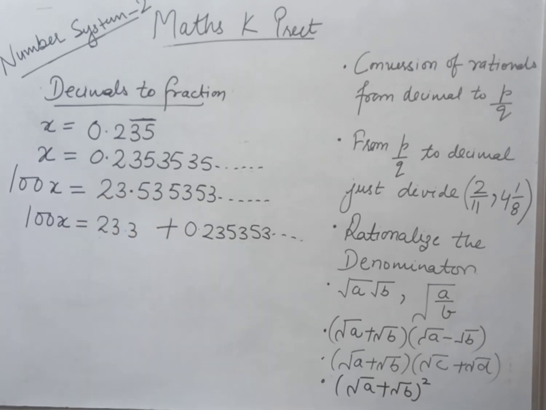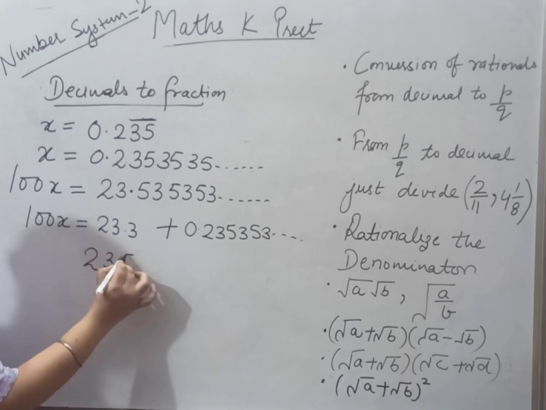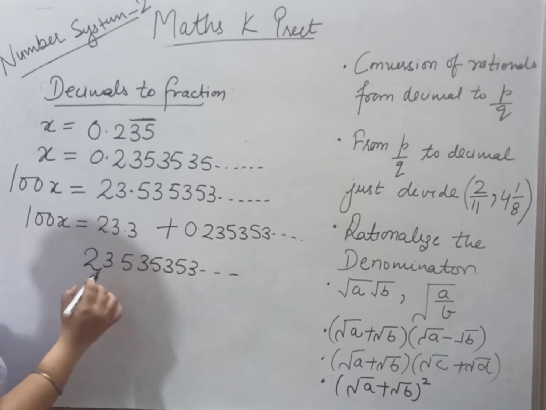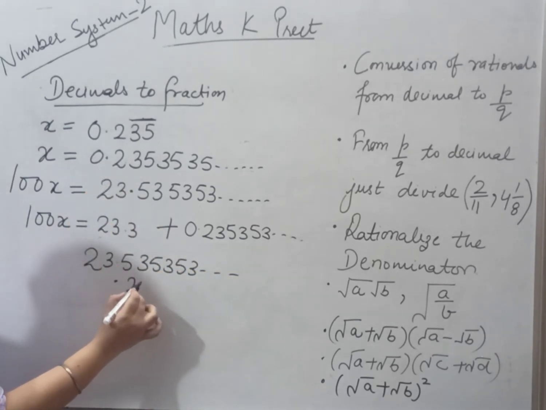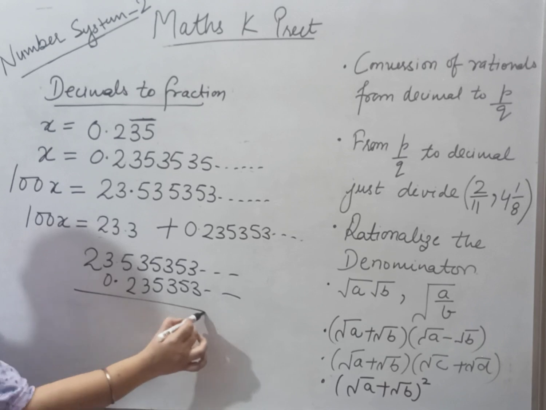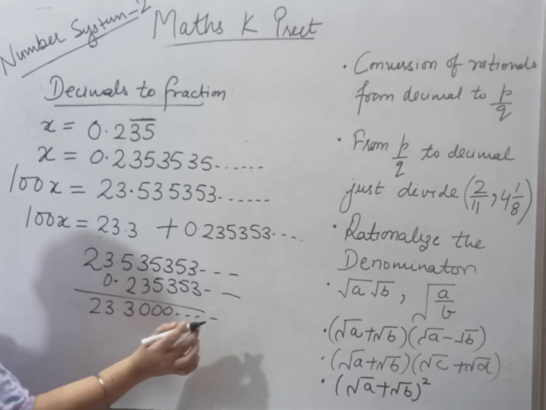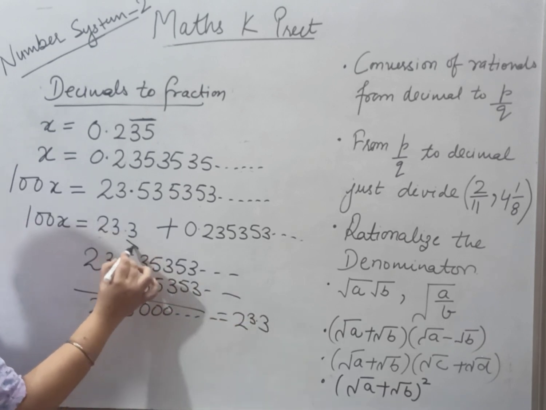After subtracting x, the value will be 23.3. Let me show you how to subtract. So I will subtract the value of x, which is 0.235353 and so on. 0 is here. So the value will be 23.3 here and zeros. So the value is 23.3, which I have written here.